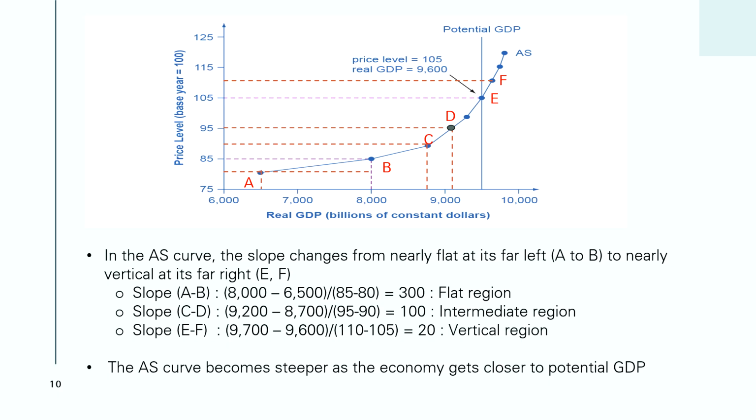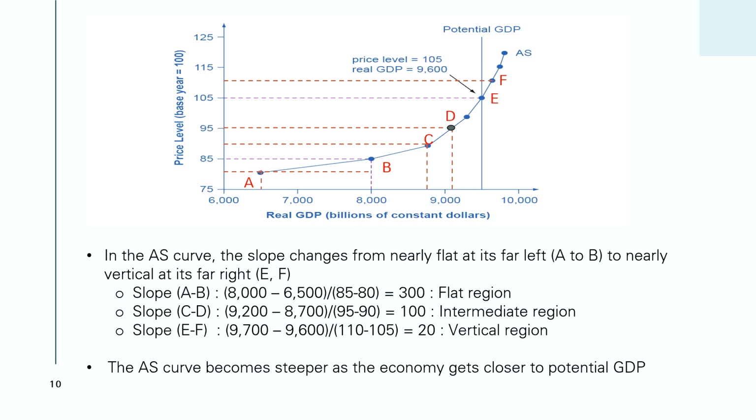There are many idle resources, such as unused factories and unemployed workers. So when prices rise, firms can easily increase production. This is why the slope is large, 300. Output rises a lot, even with small changes in the price level.